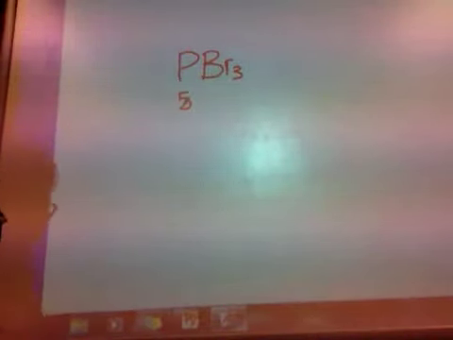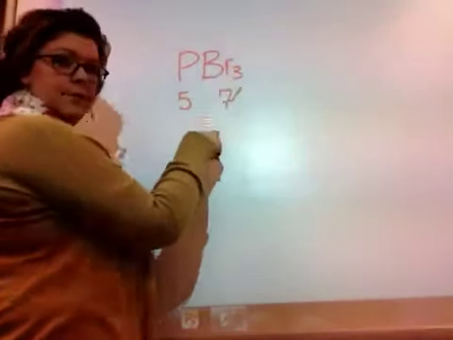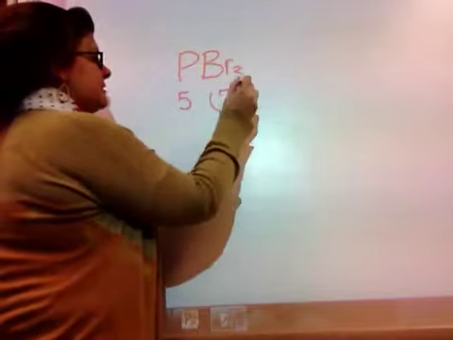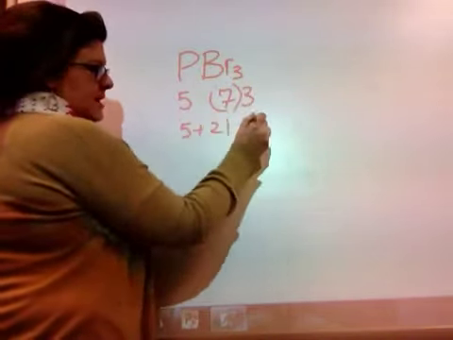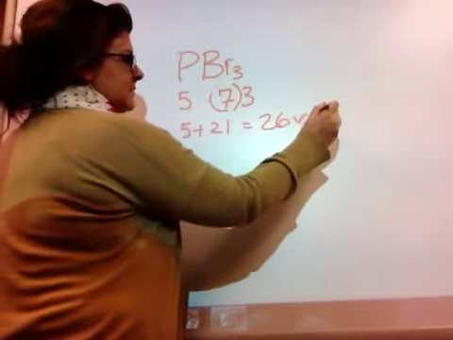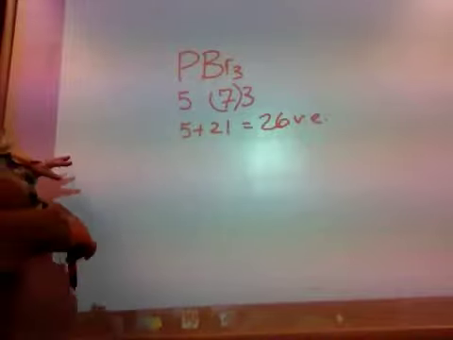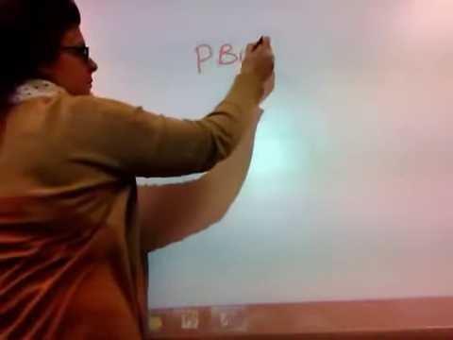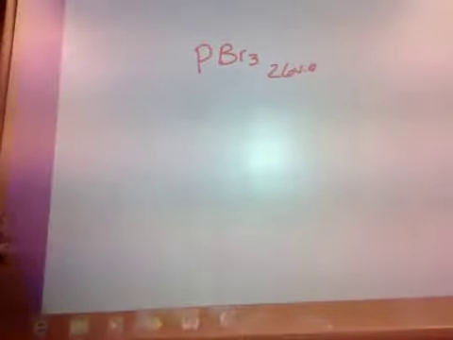Bromine has 7, but there are 3 of those bromine atoms, so it's 7 times 3. So I'd have 5 plus 21, which gives me 26 valence electrons. So PBr3 has 26 valence electrons.